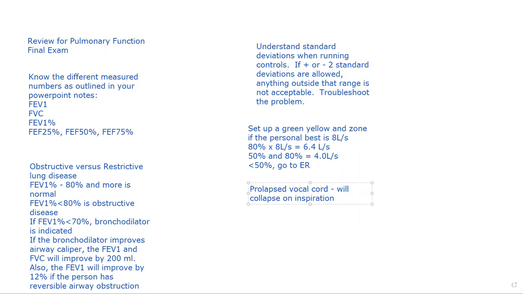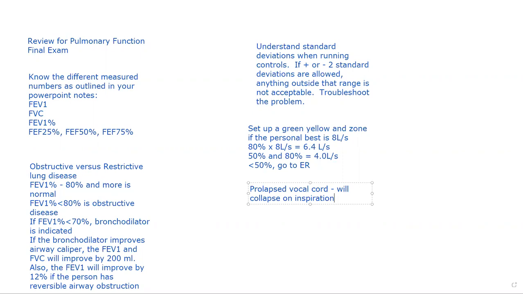With a prolapsed vocal cord, that's outside the thoracic cage, and inspiration causes everything outside the thoracic cage to collapse.